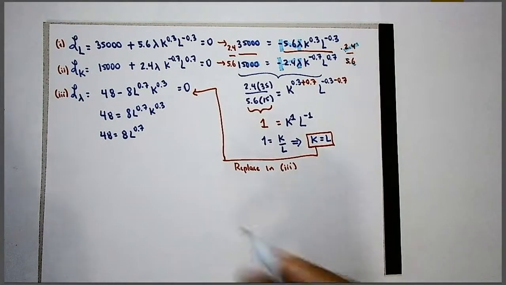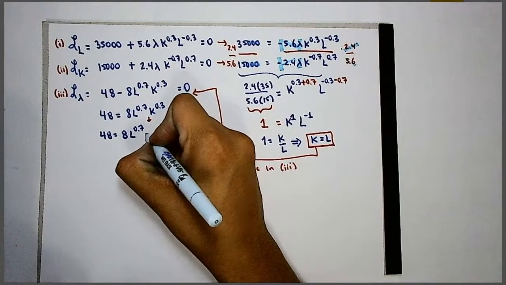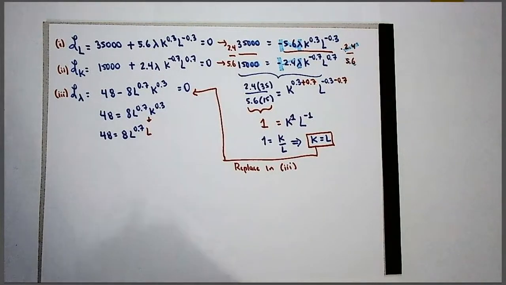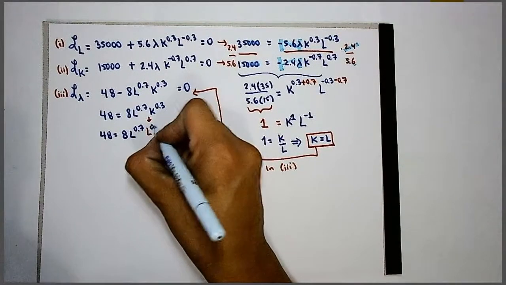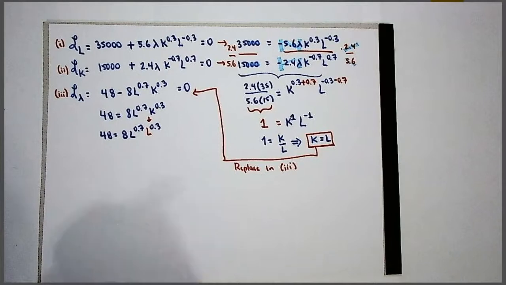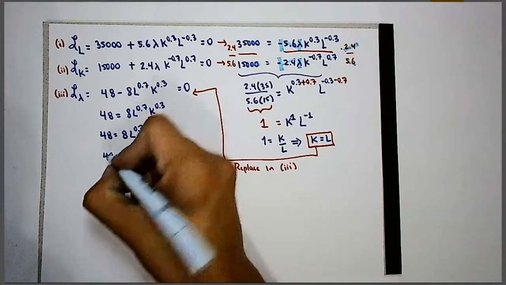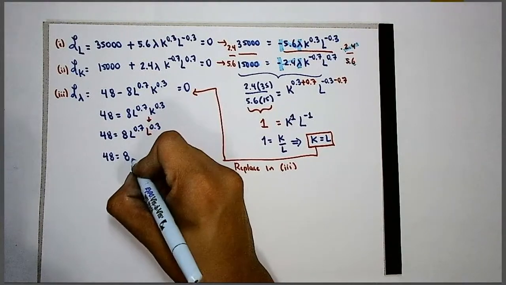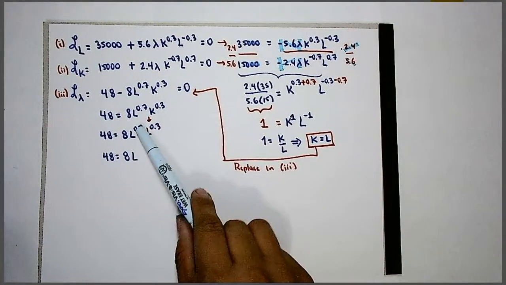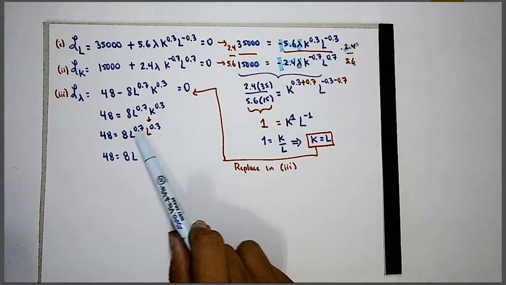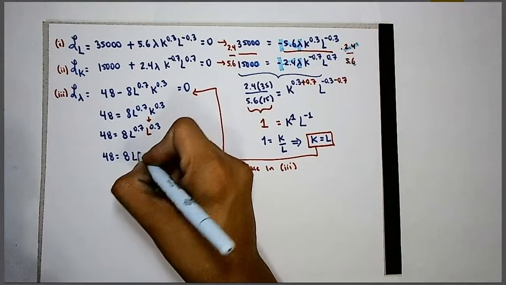So instead of K, let's write L to the 0.3. This is 48 equals 8 times L to the 0.7 and times L to the 0.3 is L to the 1.